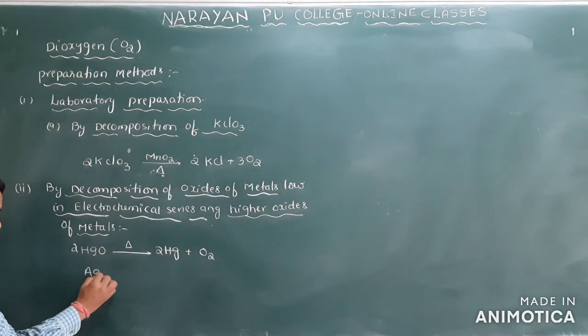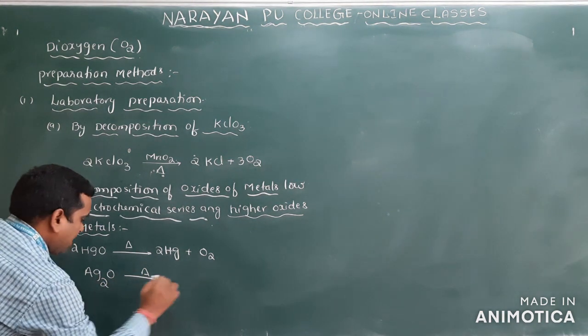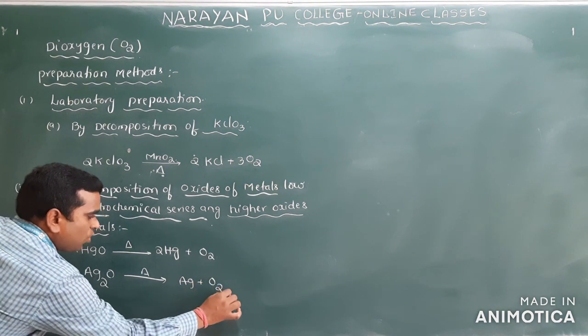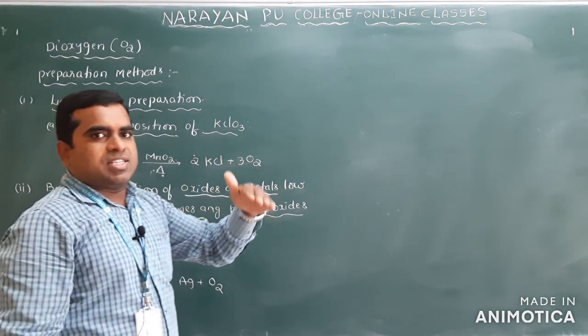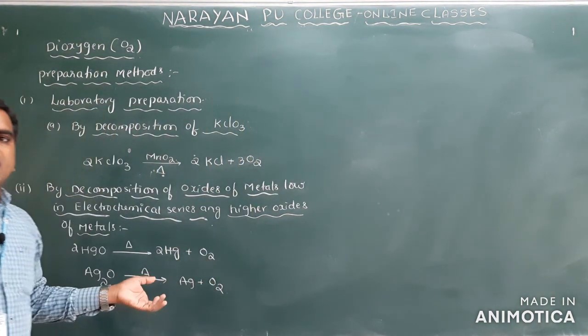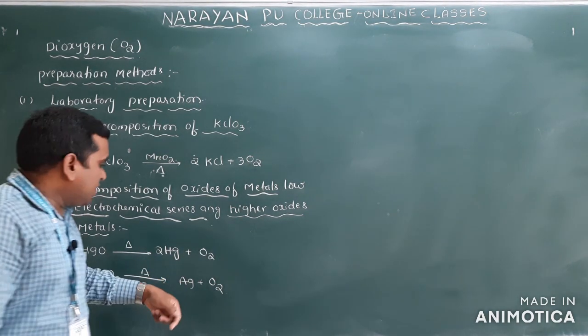In the same way, silver oxide Ag2O, heat it, and you will get Ag plus oxygen, because these oxides are unstable. The oxides of metals placed below hydrogen are somewhat unstable and can easily decompose.